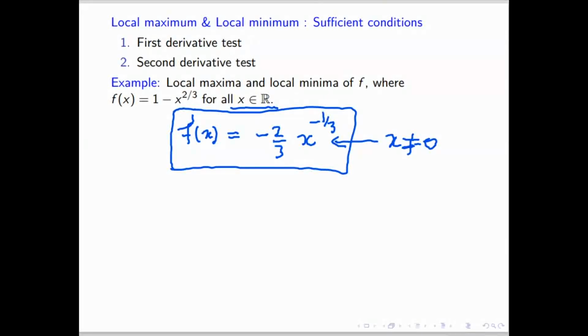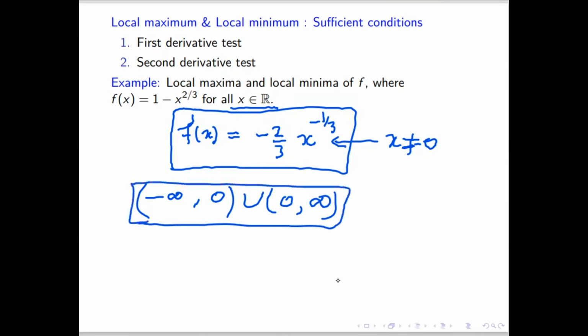This function is continuous, but not differentiable at 0. It is differentiable only in the domain minus infinity to 0 union 0 to infinity, so we can differentiate only in this range, not at 0. That is why I wrote x not equal to 0. We will check x equal to 0 separately, because we cannot find maxima and minima there by the first or second derivative. It is a similar case as mod x.